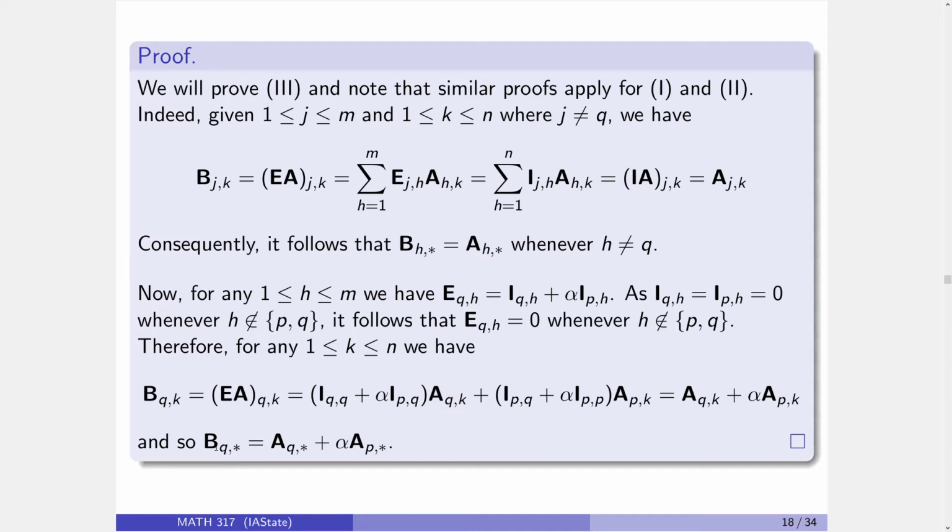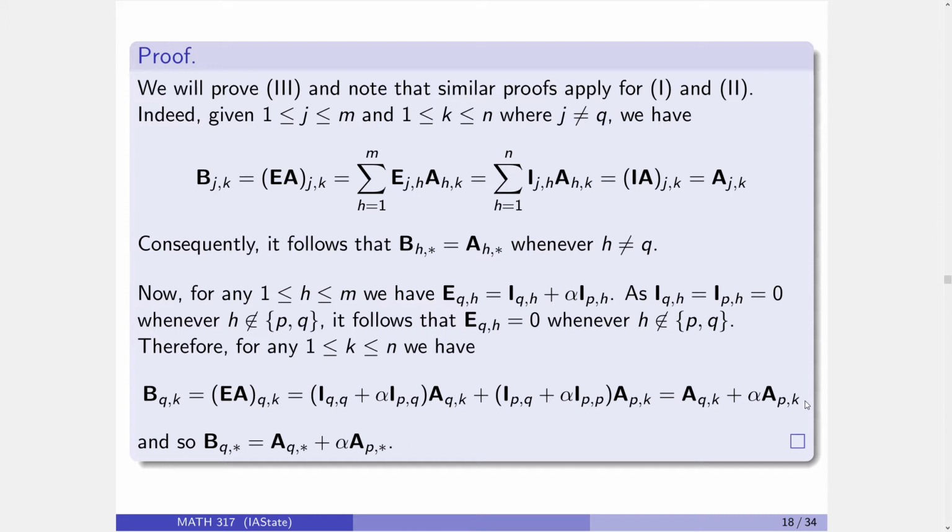So indeed, the qth row of B is the qth row of A plus alpha times the pth row of A. So multiplying by this elementary matrix performs the type 3 row operation. Beautiful.